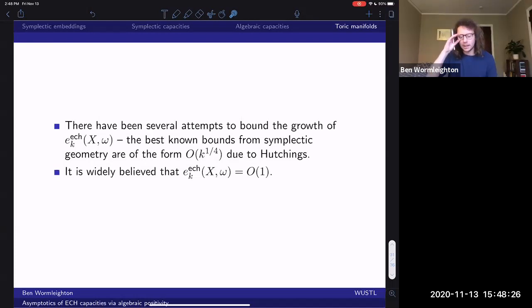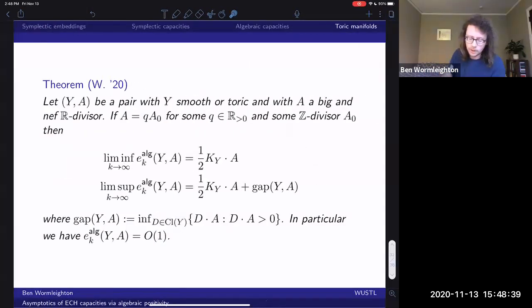But I think it's widely believed, at least for star-shaped domains in R^4, probably more generally, that these error terms are actually bounded. So they're actually big O of 1. And indeed, this theorem confirms that the algebraic capacities are big O of 1.